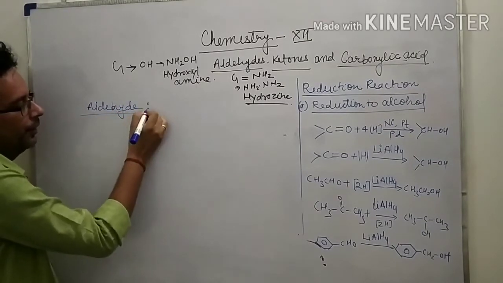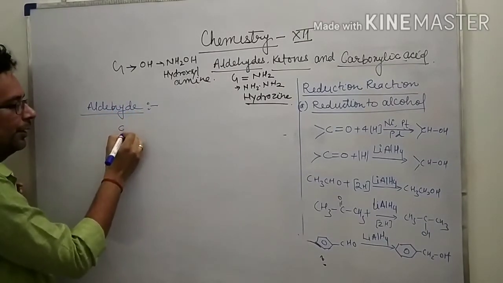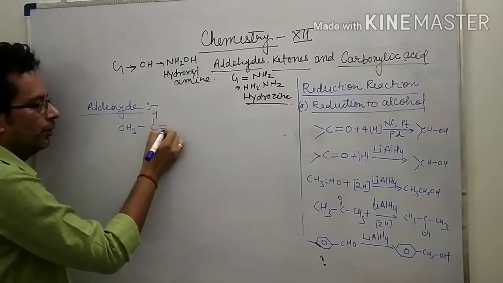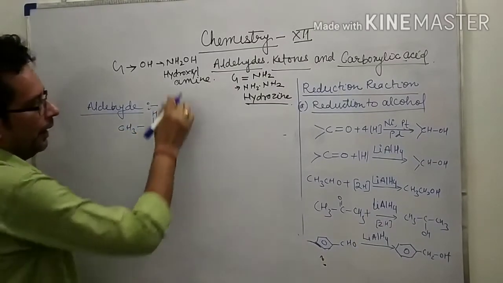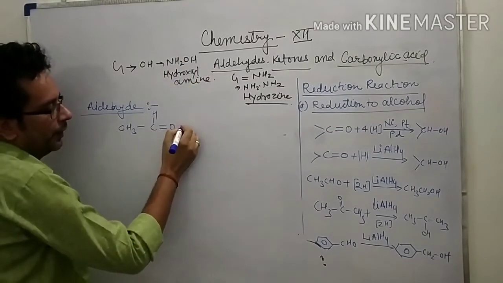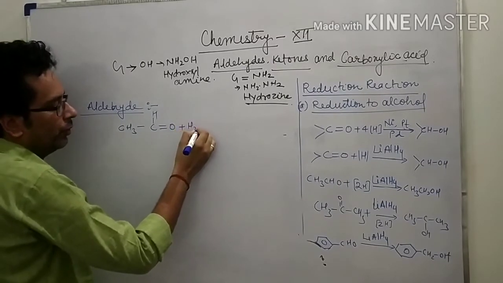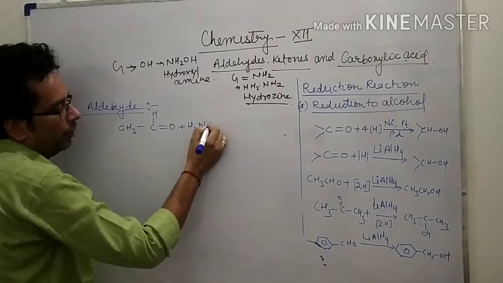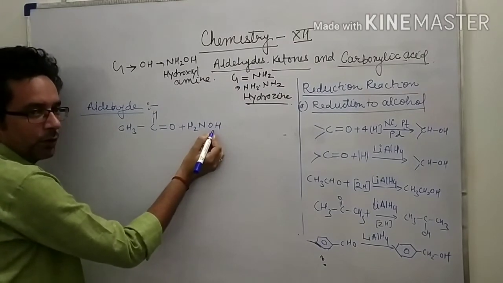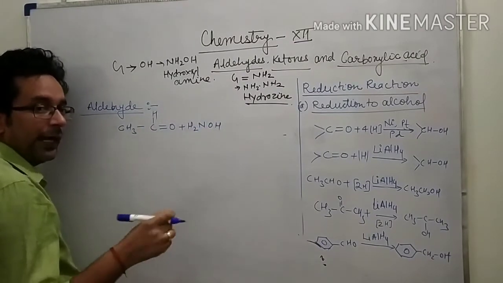Okay, so CH3 CH double bond O, this is the aldehyde, and the reaction is with hydroxylamine. So look here, hydroxylamine, H2NOH. Now look here, NH2G. So in the final product NG.